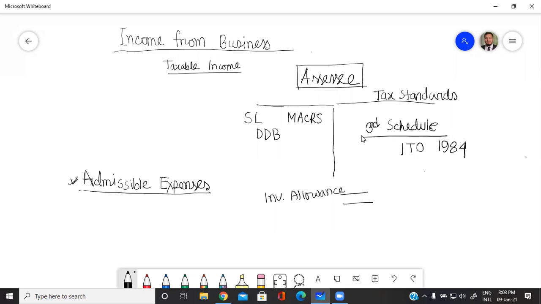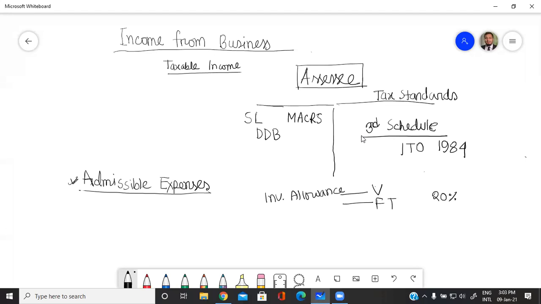For making investment in a vessel or fishing trawler, you will get 20% of the purchase price or the original cost of that fishing trawler or vessel as an allowable deduction.